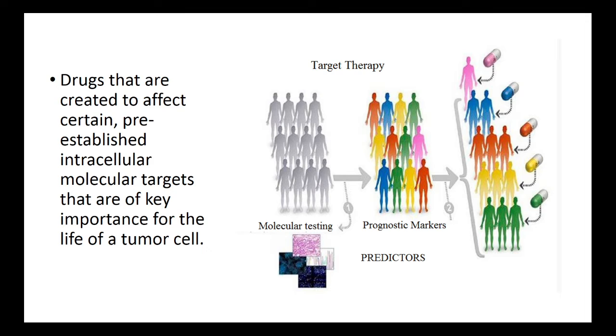We need to make molecular testing, or PCR, or DNA testing, and then we will know about prognostic markers or predictors. We will find many types of mutation. Every type of mutation will have a different color. For example: yellow, green, blue, orange. These are all different mutations.